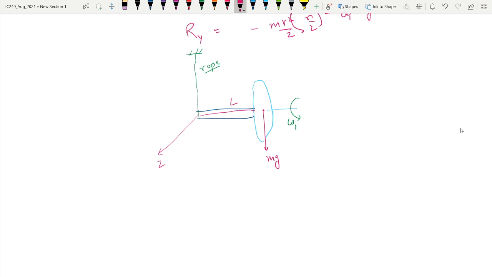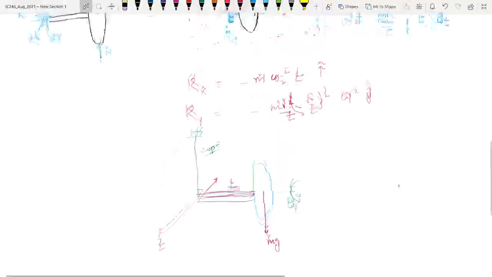So r is your L vector, this is your r cross F, so the moment is in this direction, and due to this moment this body is going to have a precession motion about the third axis.